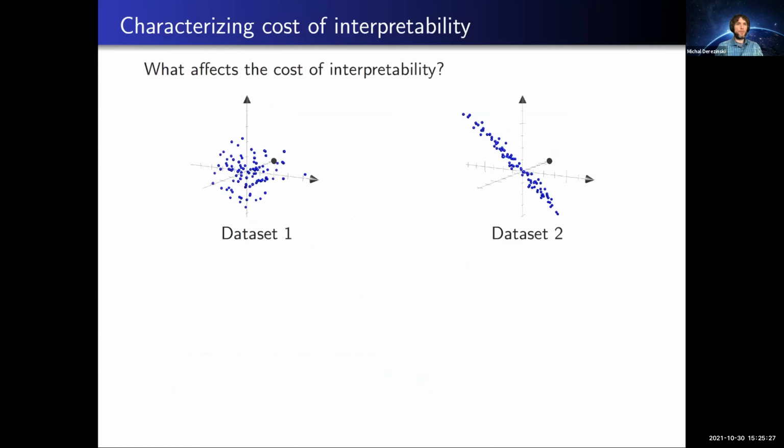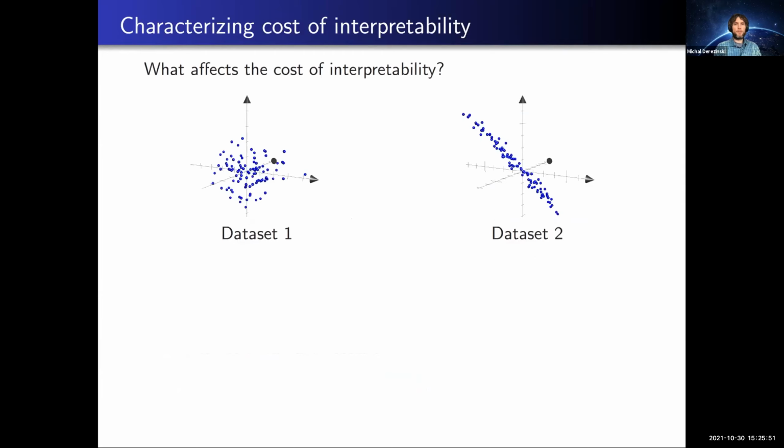Okay, so what properties of the data affect this nonlinear behavior of the cost of interpretability? For example, do we expect this cost to be smaller if the data is more or less uniformly distributed in the domain space, as in dataset 1 shown here, or if it has some low dimensional structures, as in dataset 2?